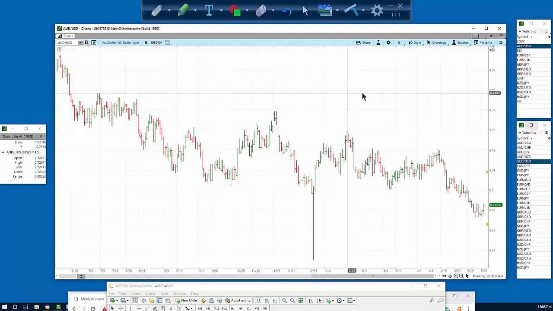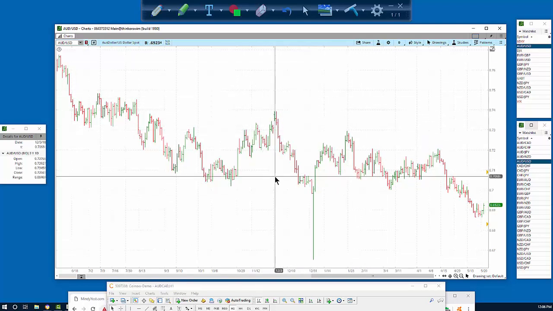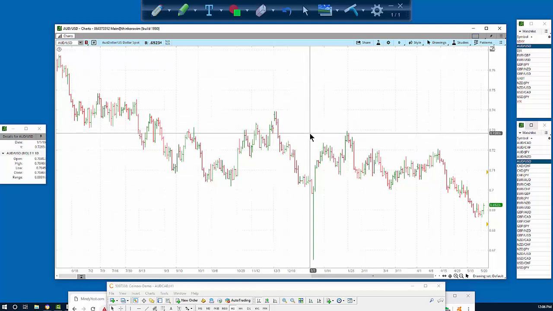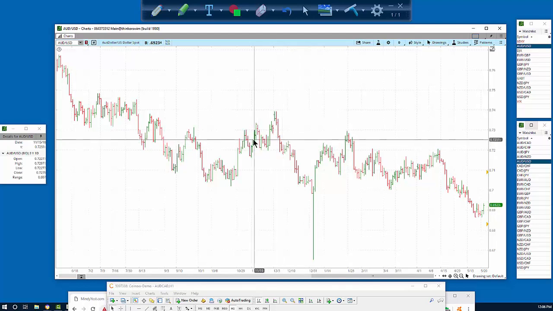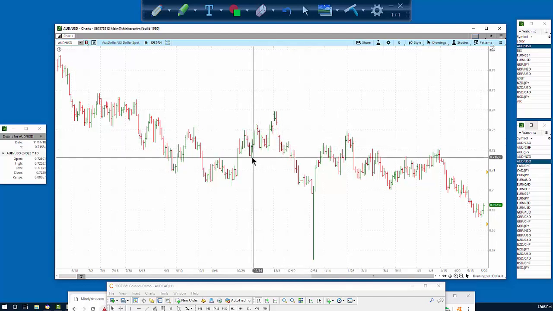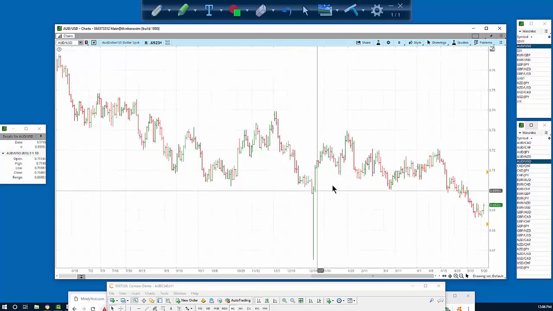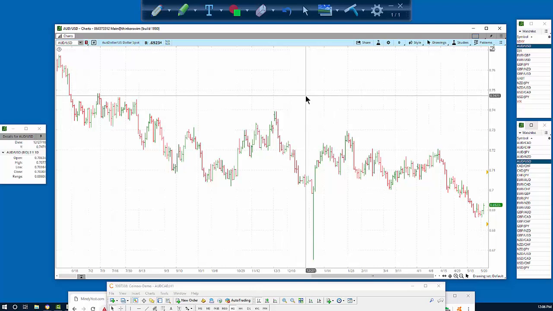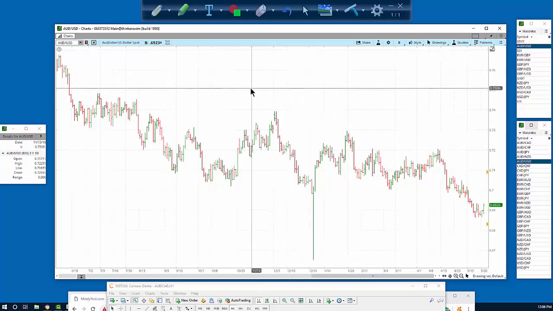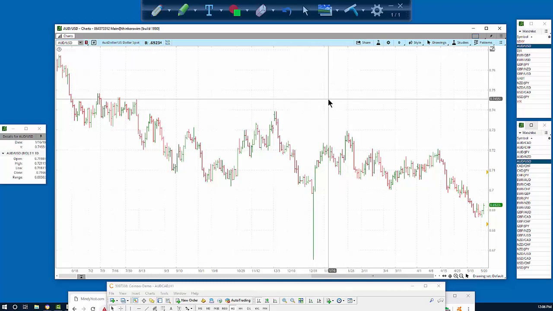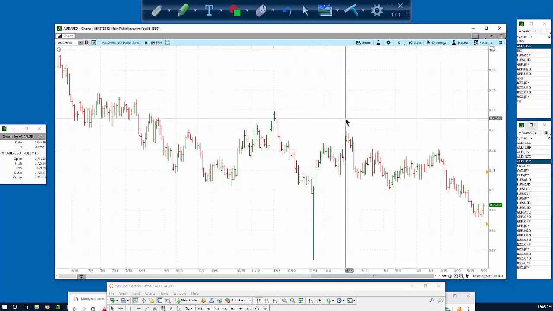So I like to tell people that one way to look at Forex in your mind's eye, you can't see it on the charts, but if we were to take this chart and literally rotate the whole chart 90 degrees counterclockwise, what we'd have is back and forth bars, not up and down bars, right?